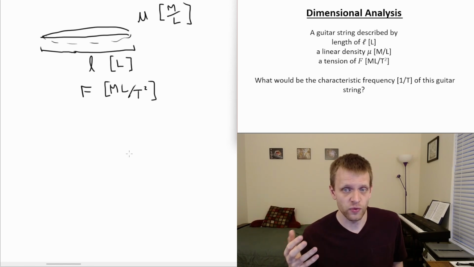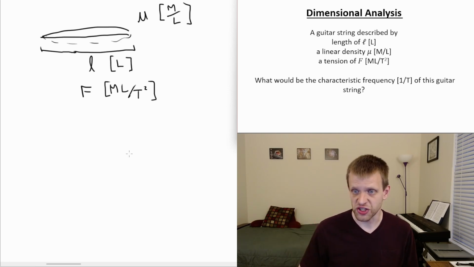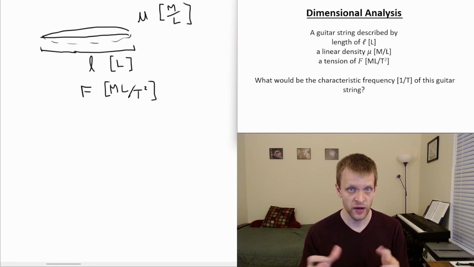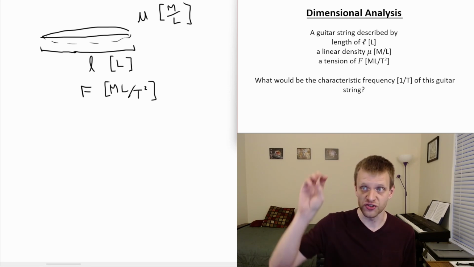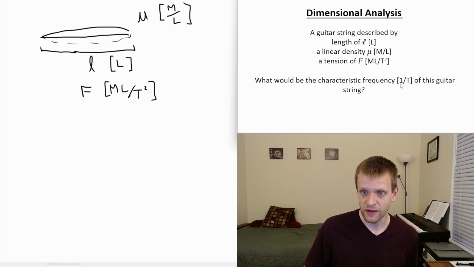We want to try to find a way of identifying what is this characteristic frequency scale. And a frequency would be described as 1 over time. Usually when we're talking about frequencies, we talk about frequencies in units of hertz, and 1 hertz is 1 cycle per second. But again, this frequency can just be 1 over some unit of time.